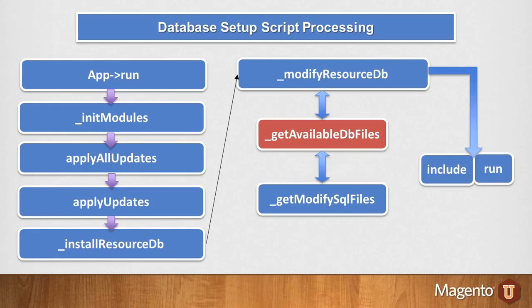When all relevant database scripts are found, the method getAvailableDbFiles uses the getModifySqlFiles method to sort and filter files by version number and then returns them to the modifyResourceDb method, which will, depending on their type, either include them or run their content.